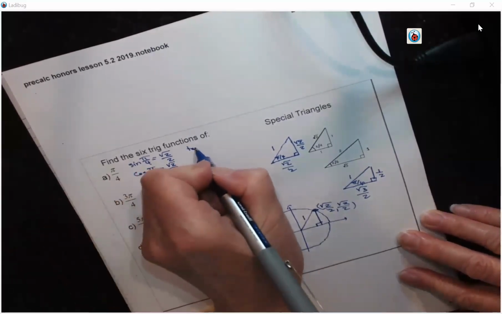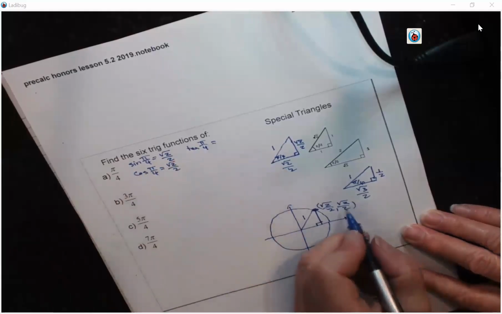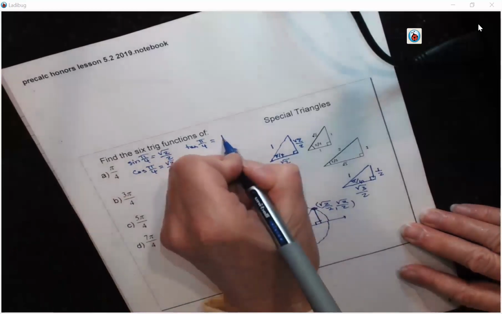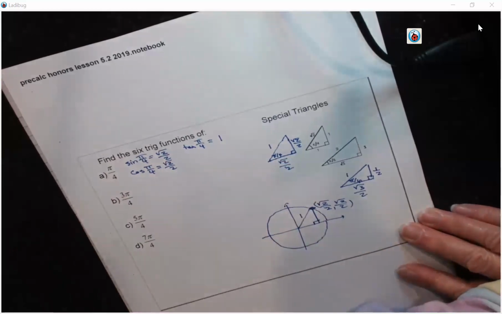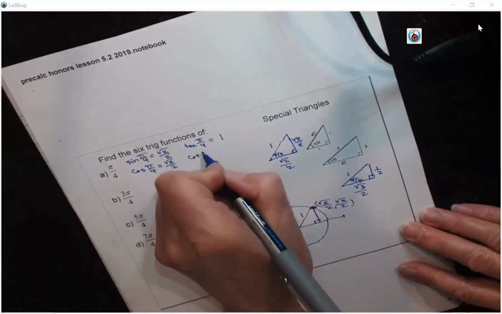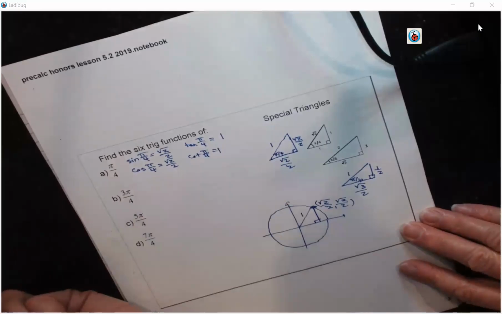The tangent of pi over 4, remember that's opposite over adjacent. Since opposite and adjacent equal each other, that ratio is just 1. That makes the cotangent of pi over 4 also equal to 1, because 1 is its own reciprocal.